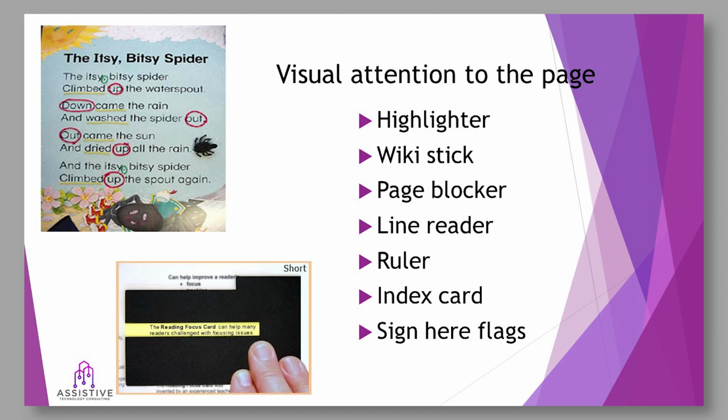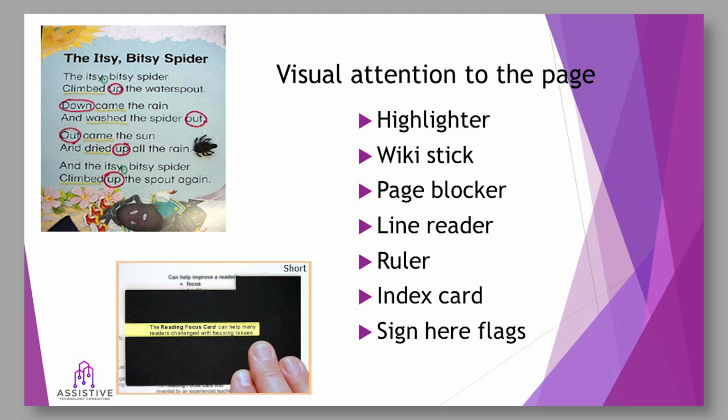So when I do a reading activity, typically I will have the student go through the text, and I may give them the purpose of reading. I want you to point to all the weather words. I want you to circle all the action words.